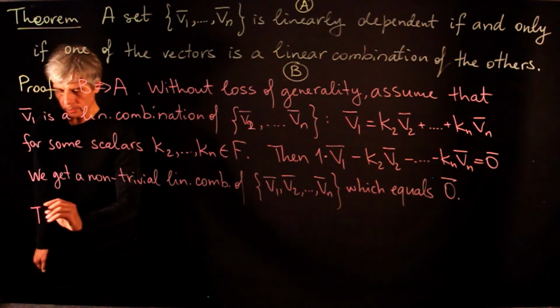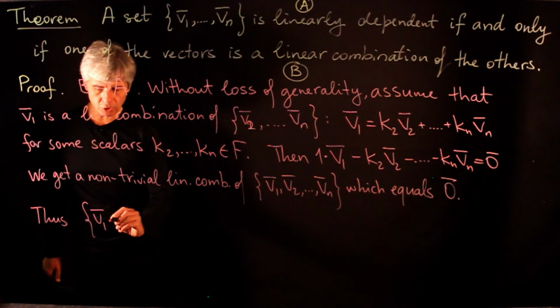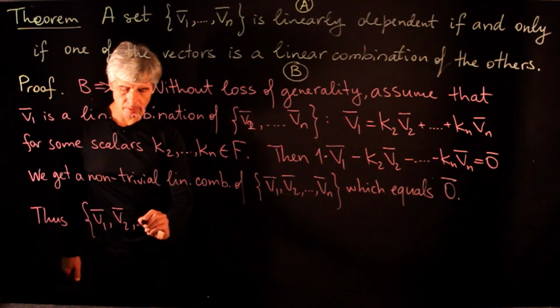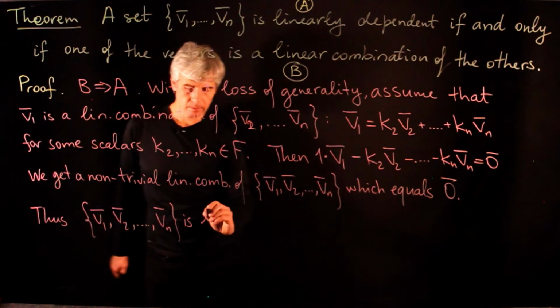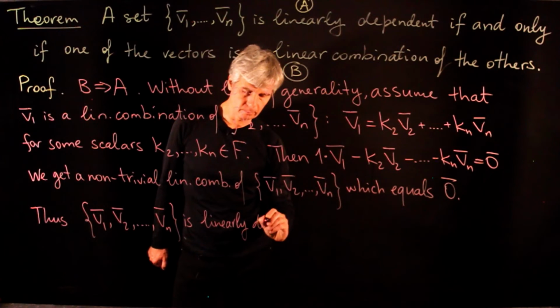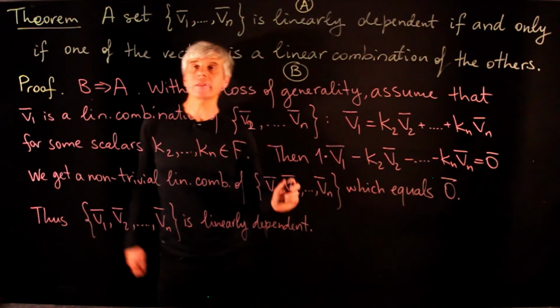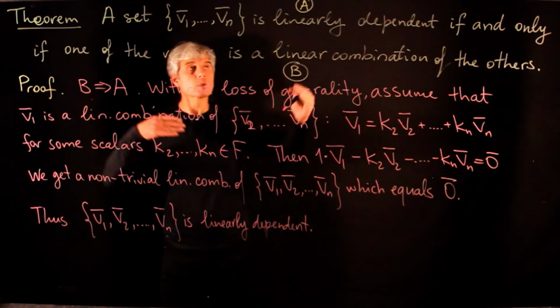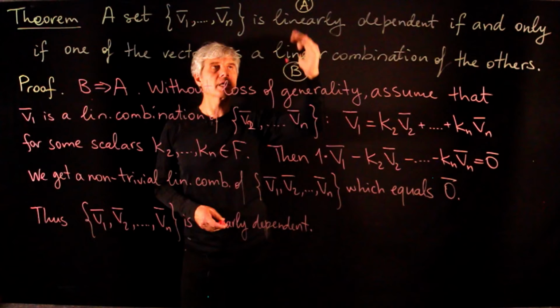And we conclude that this set of vectors, by definition, is linearly dependent. And this concludes the proof of this theorem. So we proved that A implies B and B implies A.